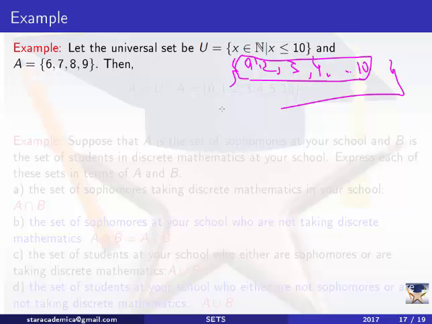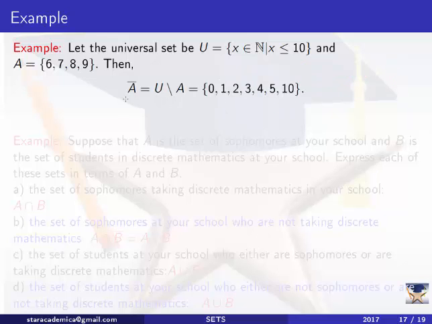So what is then A complement, if A is equal to 6, 7, 8, 9? It is the universal set minus A. You take the universal set from 0 to 10, and exclude 6, 7, 8, 9. So we end up with 0, 1, 2, 3, 4, 5, and 10. So that's the complement of A.